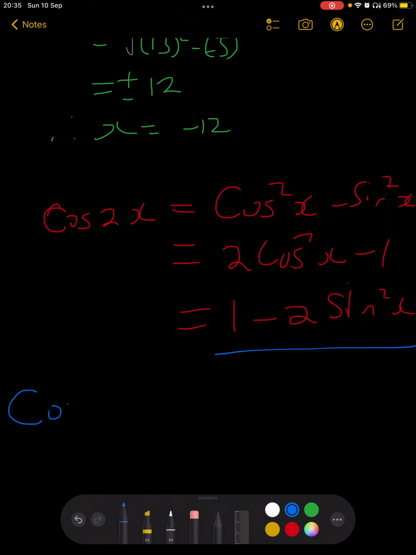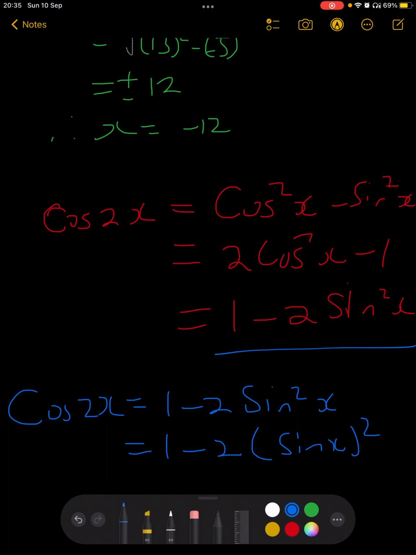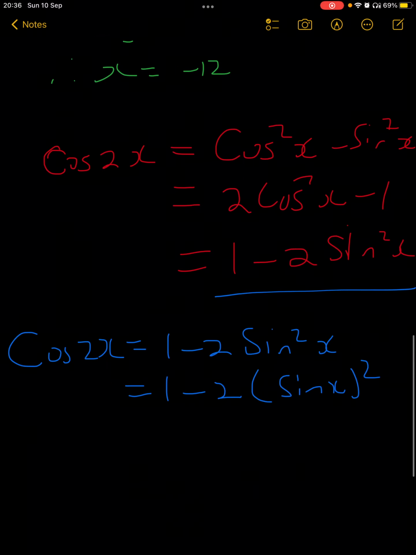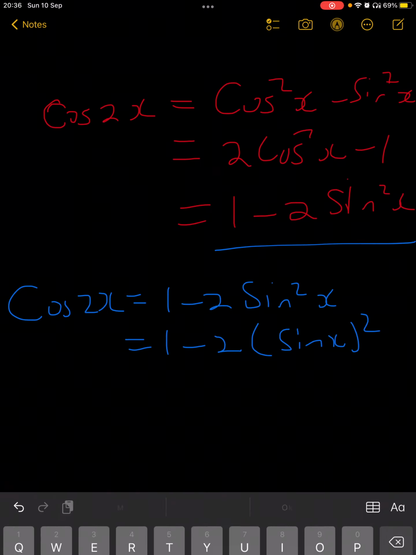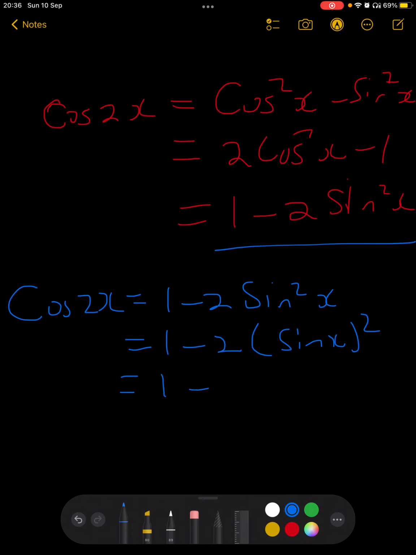So if we say cos 2x is equal to 1 minus 2 sine squared x, this is 1 minus 2 times sine x squared, which is equal to 1 minus 2. What did we get for sine x? We got negative 5 over 13.